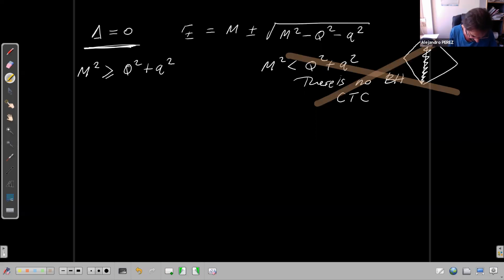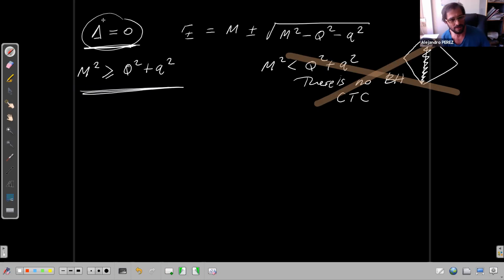So the physical situation corresponds to this, and the horizon, delta equal to 0, corresponds to a divergence in the components of the metric written in these coordinates. Once more, this is just an apparent singularity.